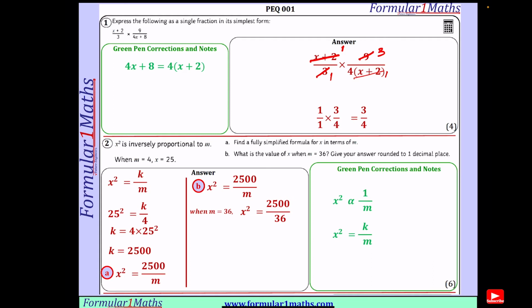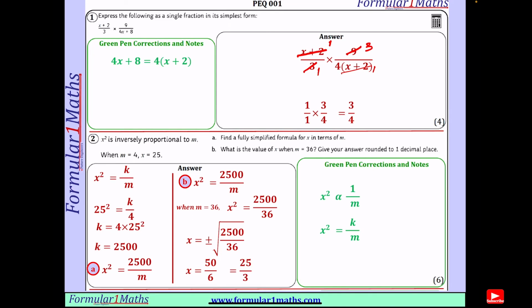We are required to find the value of x, so we find the square root of both sides to obtain this. This gives us 50 over 6. Reduce the fraction to get 25 over 3.